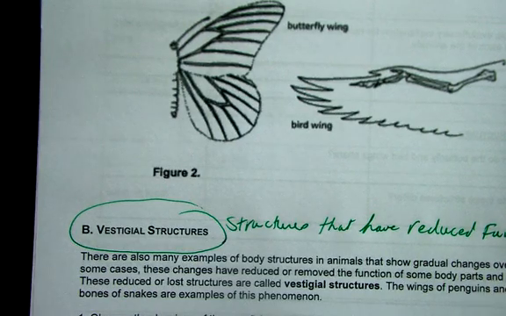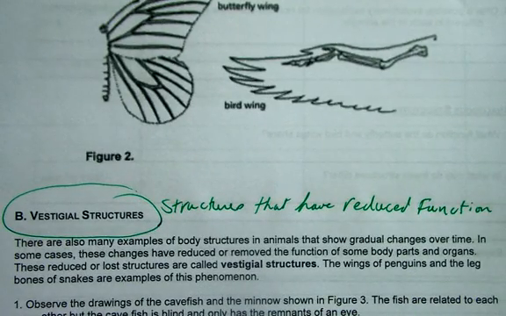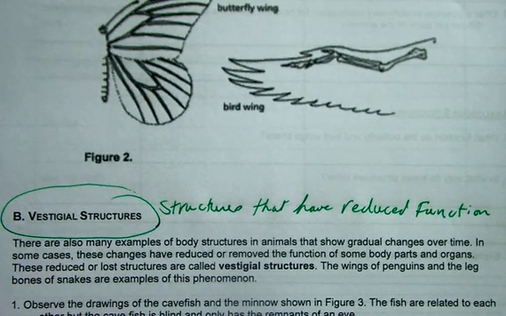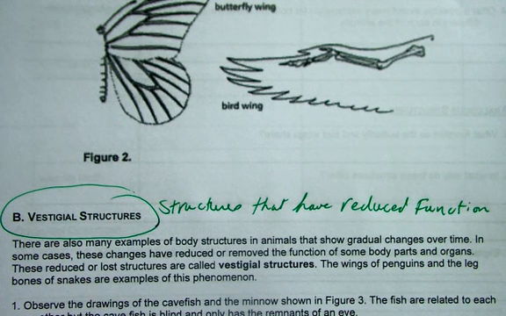In other words, you could live without them. They maybe at one time had more of a function, but now have limited function, or their function is diminishing, and that would be a vestigial structure.